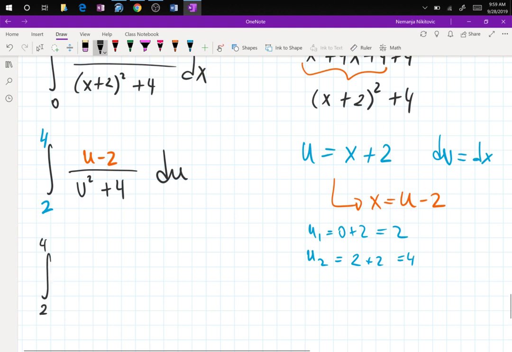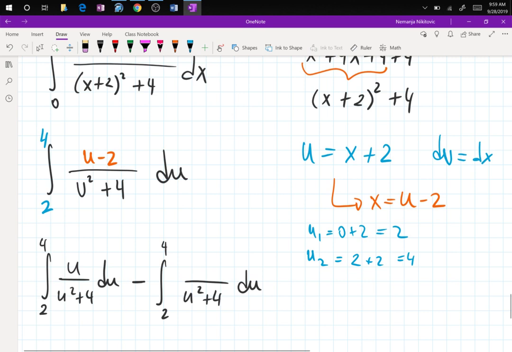So the integral from 2 to 4 of u over u squared plus 4 du, minus 2 over u squared plus 4. Actually, we can kick this 2 outside. How about that?